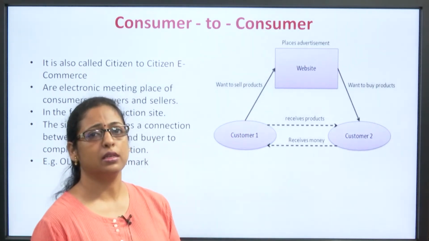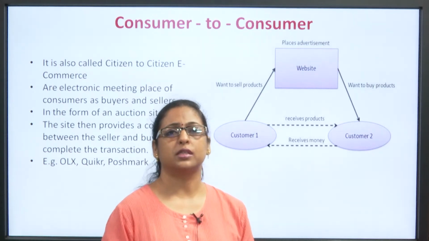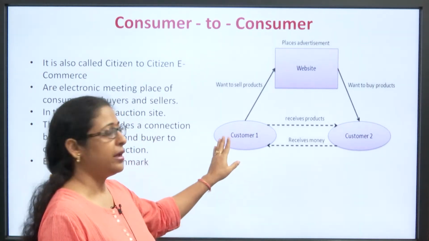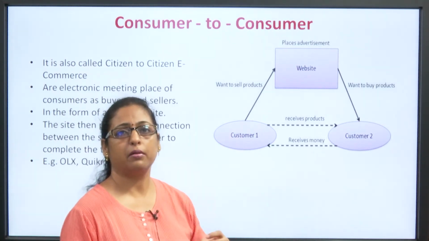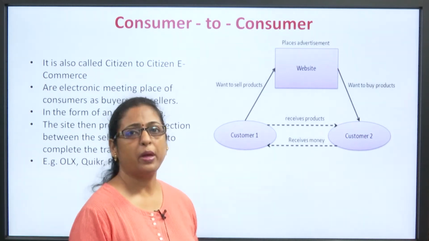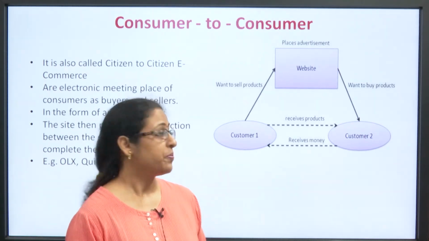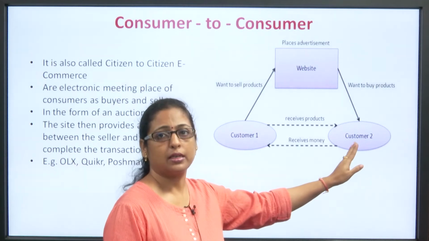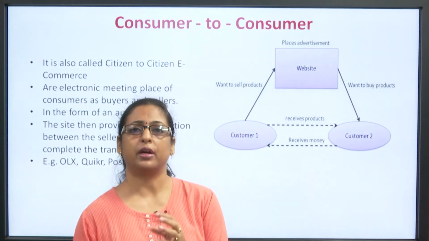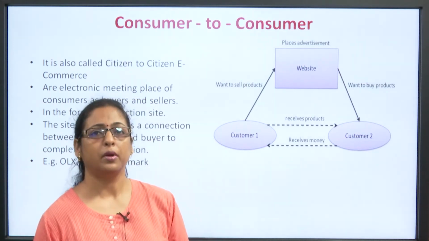The very prominent examples of this are OLX, Quikr, Poshmark, etc., where any person who is possessing any kind of product which is now maybe not of use to me, I can sell it to some other customer. Since I am not a business entity, I have only one particular item or one particular product.